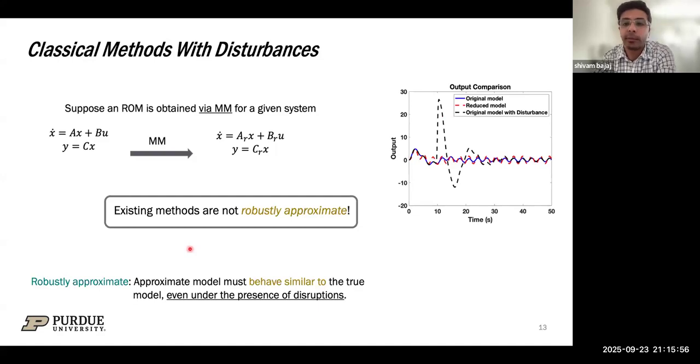One can do the same thing with balanced truncation, but the idea here is that these existing methods are not robustly approximate. By robustly approximate, again, what I mean is that this red curve should follow the black curve. Intuitively, even in the presence of disturbances, my reduced model should follow the performance of the full order system.